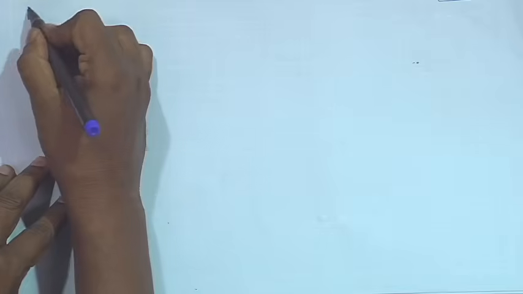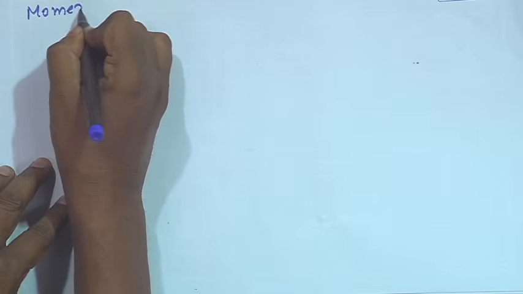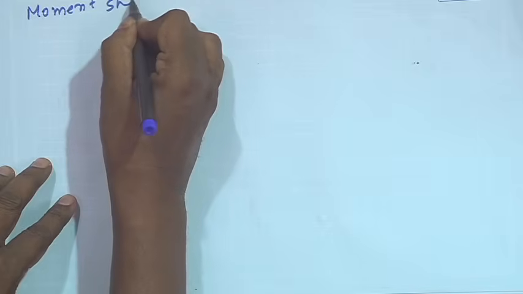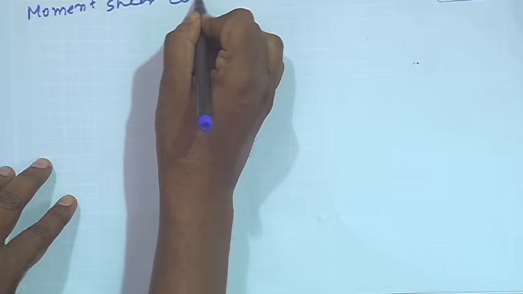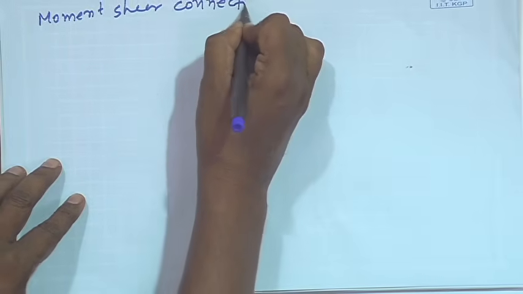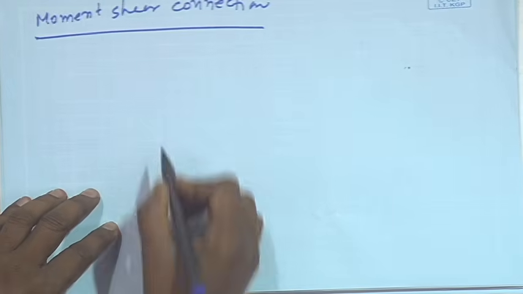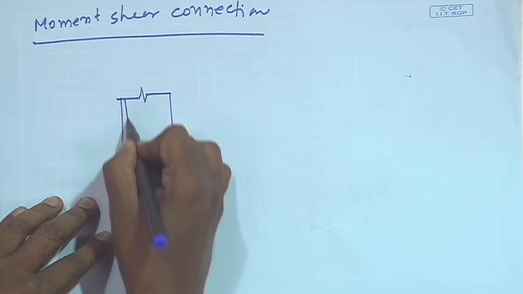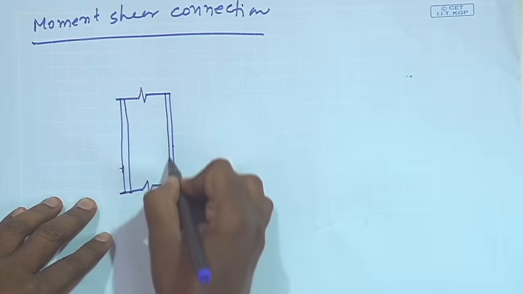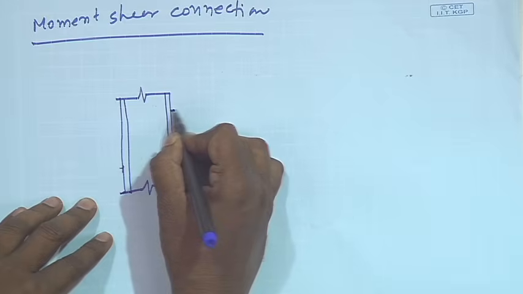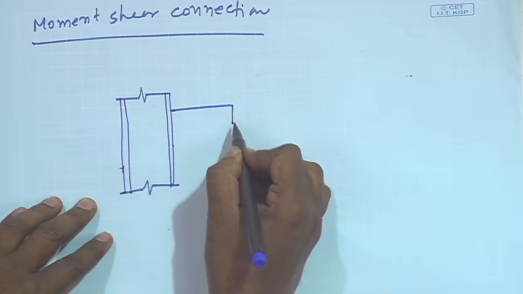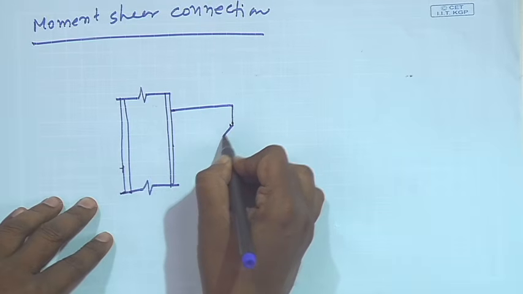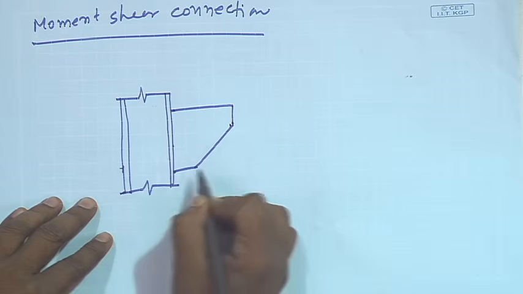Then moment shear connection. In case of moment shear connection, suppose we have a column, maybe an I section, and we have a bracket, and this is connected in this way.